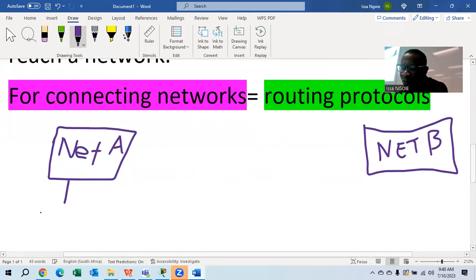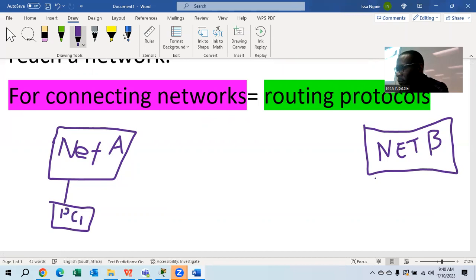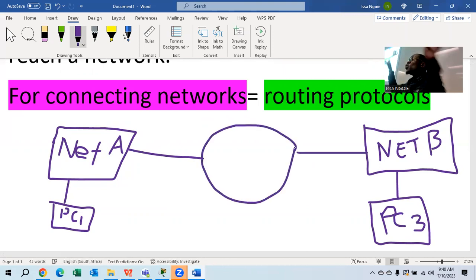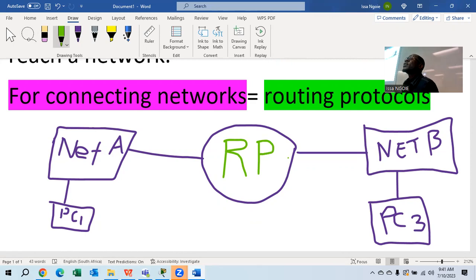And those two networks will have this PC1 and this PC3, right? Now, for me to connect those two networks, I can only use what? Routing protocols, right? It's only routing protocols that will allow you to connect those two networks. There is no other way those two networks can talk. You need routing protocols. You have to configure routing protocols, right?